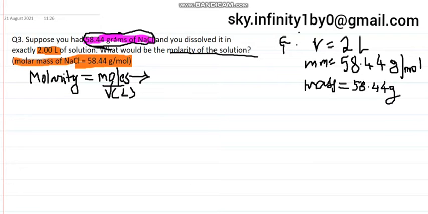So now let's move on to the calculation part. We must know one thing, that number of moles, this is a very important formula, is equal to mass of that substance divided by its molar mass.